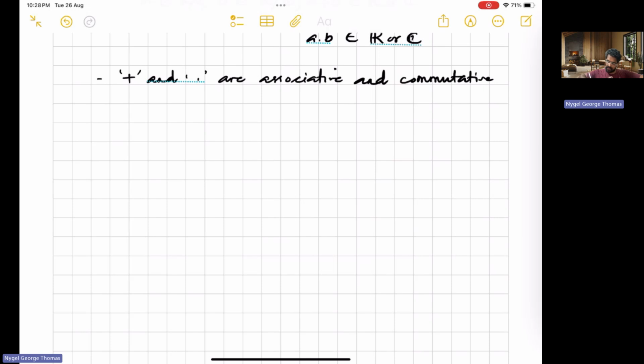If A, B, C belong to a particular field, then (A plus B) plus C is the same as A plus (B plus C).